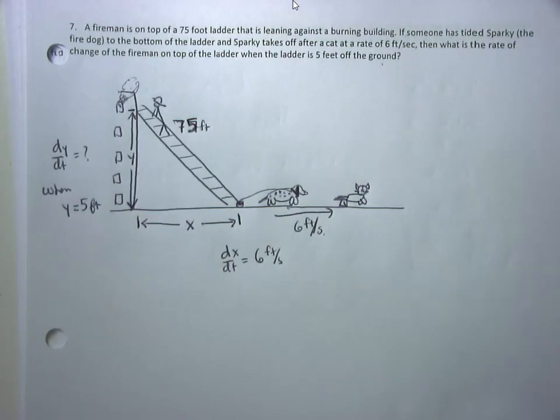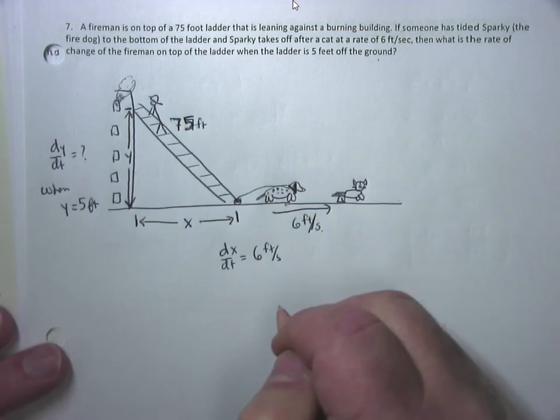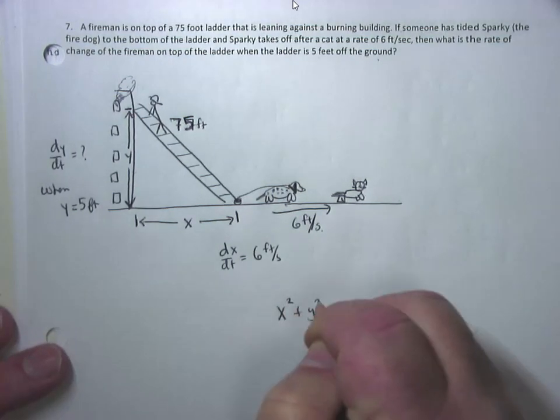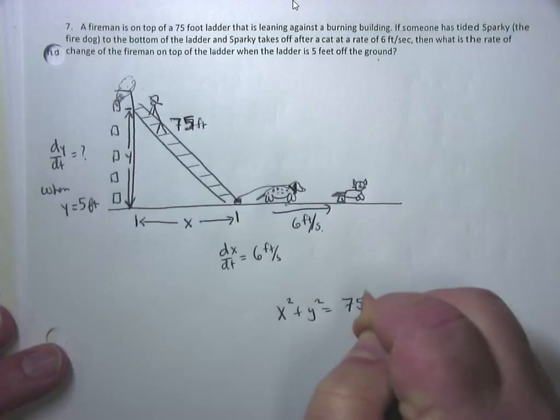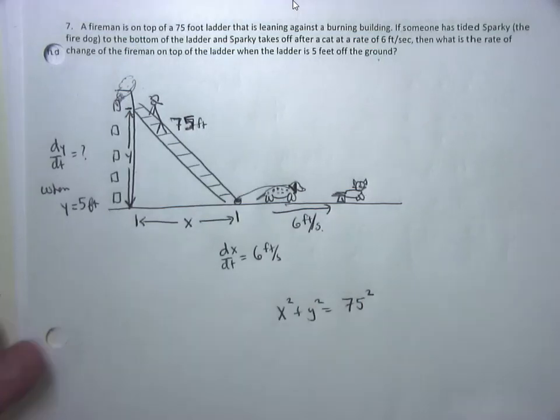So what theorem, what formula am I going to put in here to come up with an equation to link all these variables together? Pythagorean theorem. So here's where the equation comes from. x squared plus y squared equals 75 squared. That's my equation for the scenario because it's a right triangle in which I know all the parts of the right triangle. The legs as well as the hypotenuse. Does that make sense?